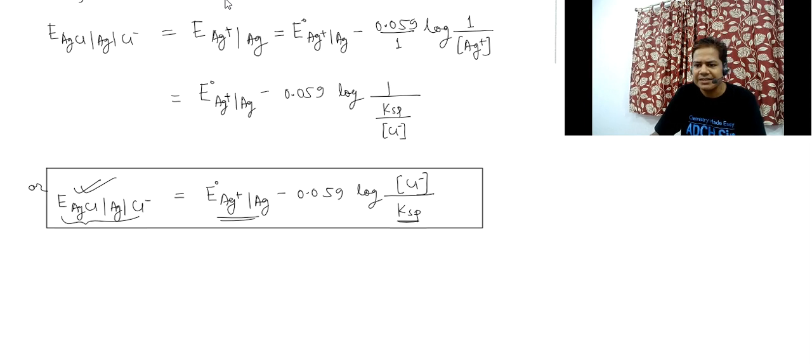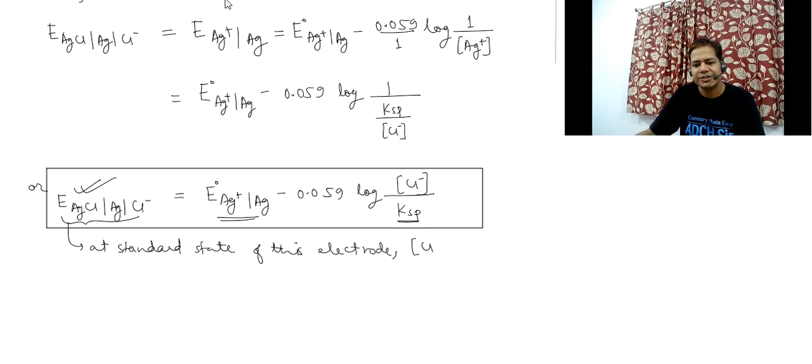But Cl minus remains in solution, its active mass will be equal to its concentration in molarity. We'll say that at standard state of this electrode, concentration of Cl minus will be put as 1 molar.